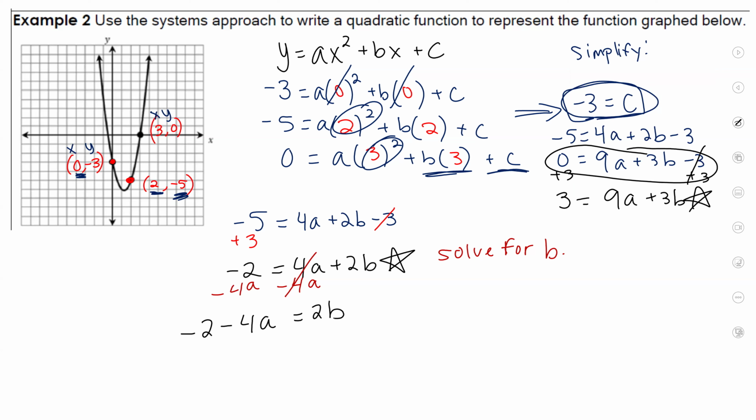What is the final thing I have to do to solve for b? Yep, divide by 2. So divide every single thing by 2. So that those 2's cancel. Negative 2 divided by 2 is negative 1. Negative 4 divided by 2 is negative 2 with an a. So I solved for b.